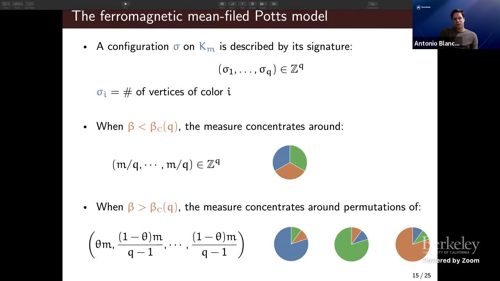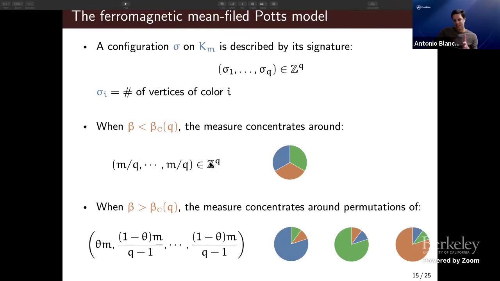So this model has a very interesting phase transition. When beta is below some specific threshold, which we know is a function of Q, the measure is going to concentrate around this uniform vector.